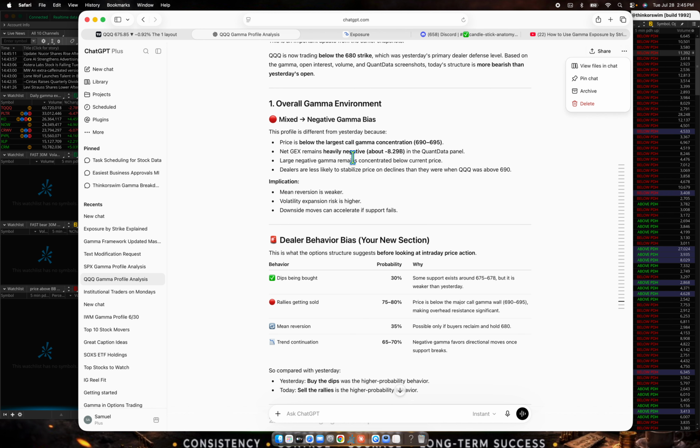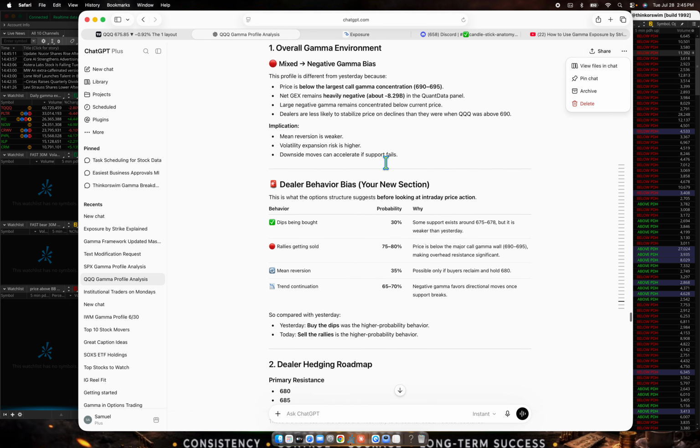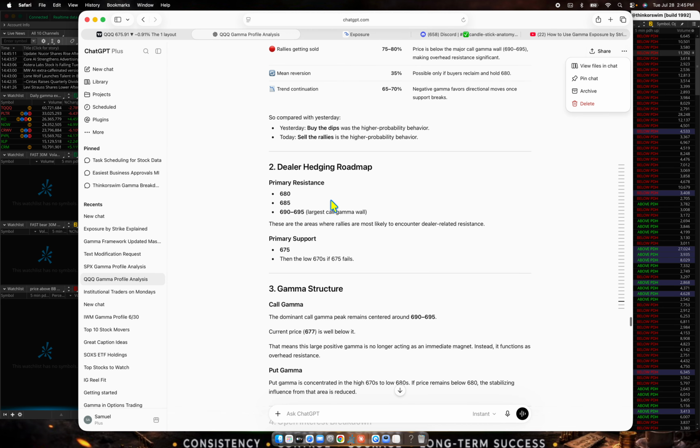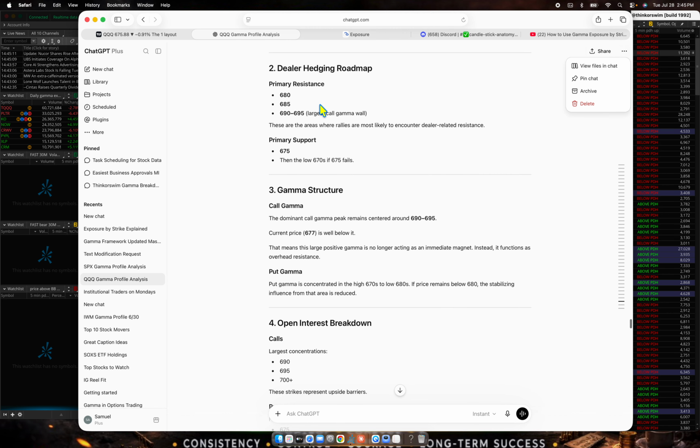Net GEX remains heavily negative. Dealer behavior bias, this is my new section. Then it gave us our dealer hedging roadmap: our primary resistance was at 680, 685, 690, 695, the largest call gamma wall. Our primary support, which is key, was 675, then the low 670s if 675 fails.